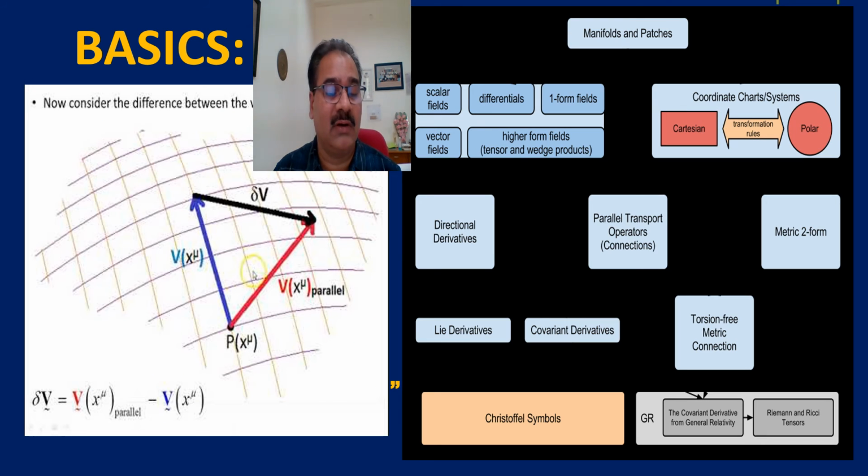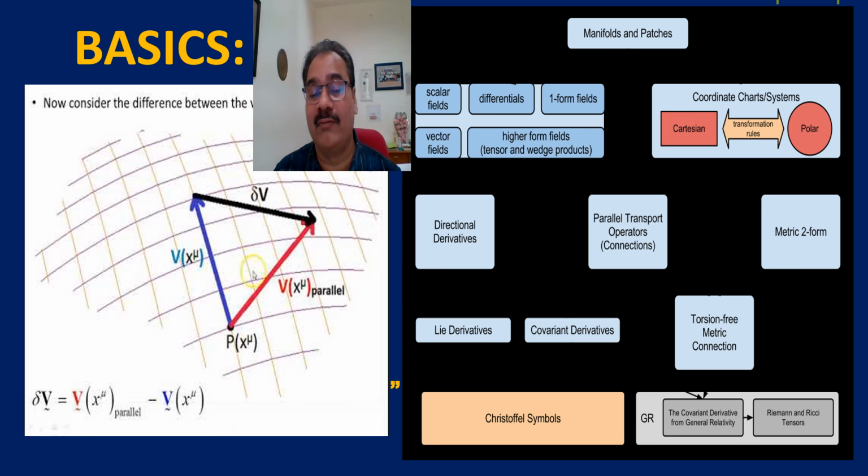Now, for your own thought, this may also be written about the difference between vector and point. Try to go through the picture. For those interested in tensor calculus, this PPT will provide detailed information about manifolds and patches, and how the transformation rule goes from Cartesian to polar. Scalar fields and differentials are all tools.